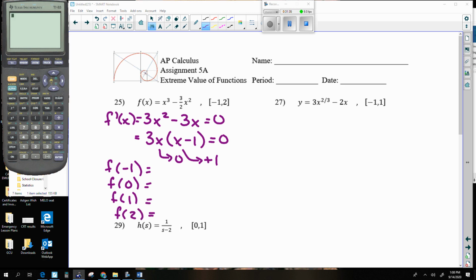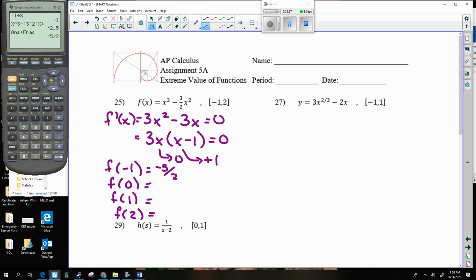I'll teach you one more trick here as well. So first problem that I'm going to be using is -1. So I go -1, store x. I type in my formula, so that's x to the third minus 3 over 2 x squared. I get my answer, go math, enter, enter, -5 over 2.